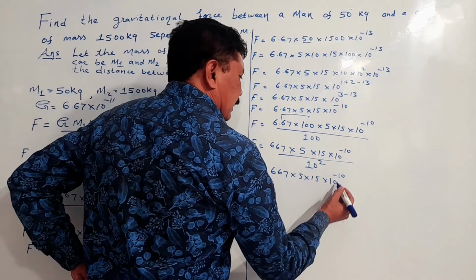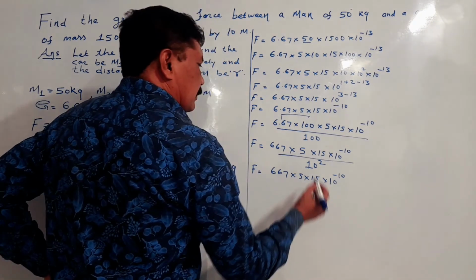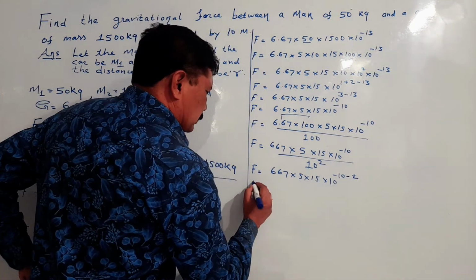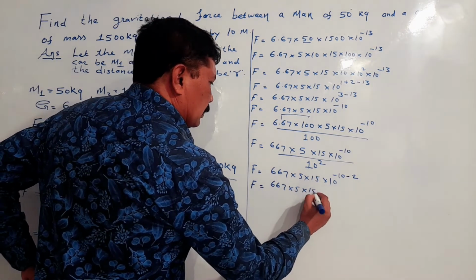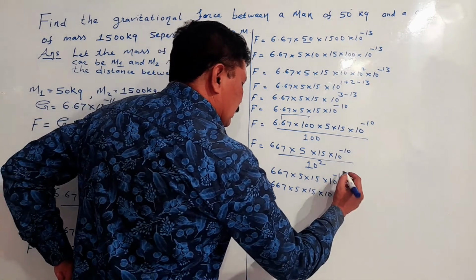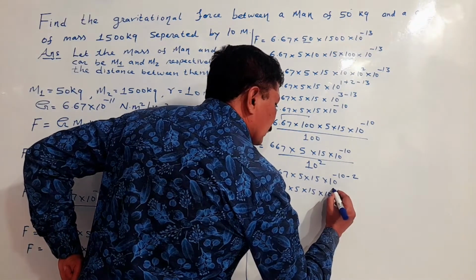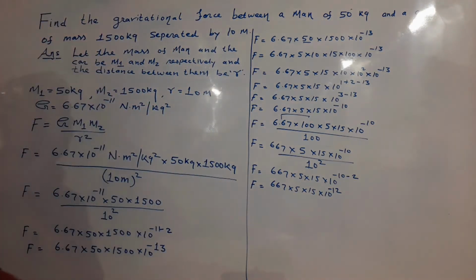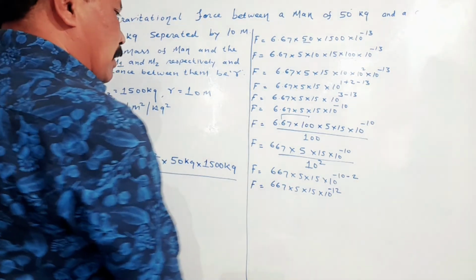So we can write 10 to the power minus 10 plus 2, minus 2. So F is equal to 667 into 5 into 15 into 10 to the power minus minus will be plus, 10 plus 2 is 12. Sign of the greater number, so we put minus 12. So we get 667 into 5 into 15 into 10 to the power minus 12.